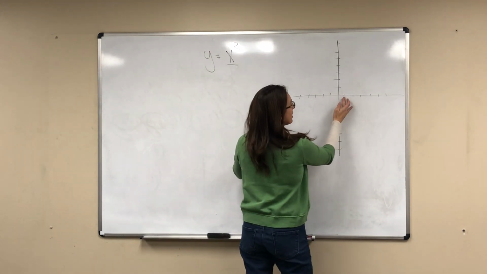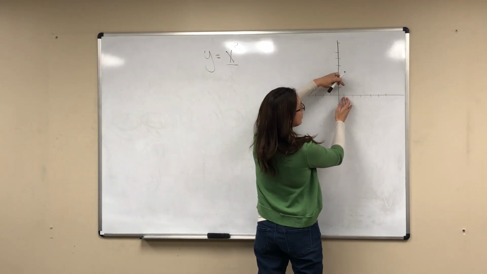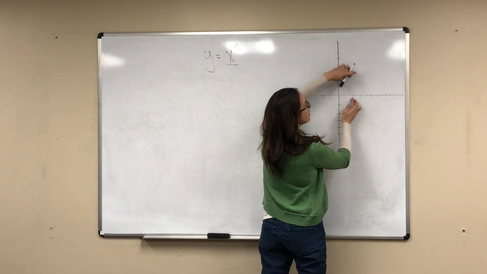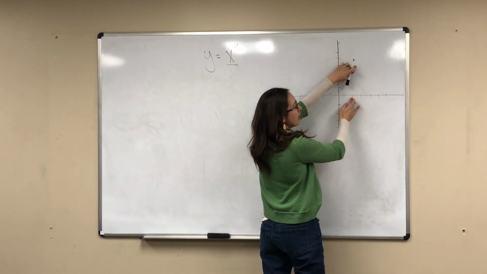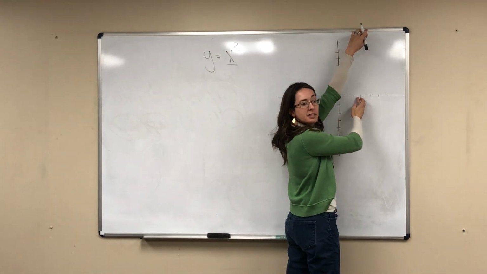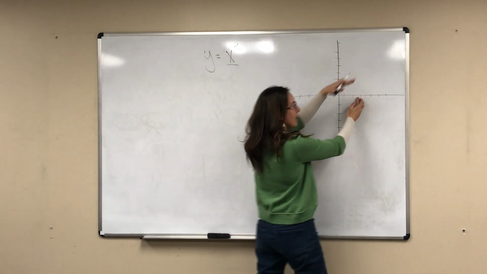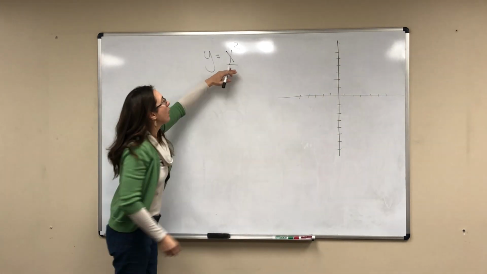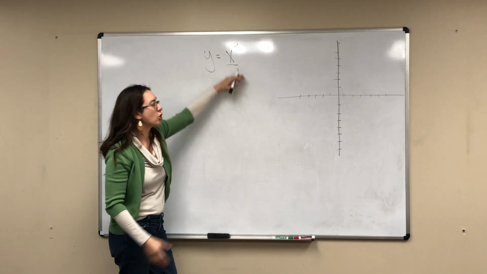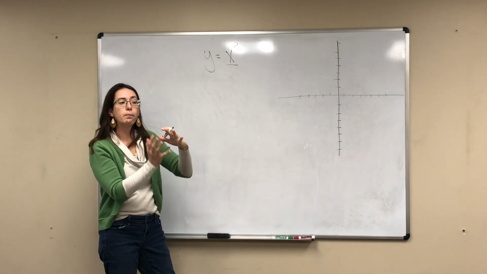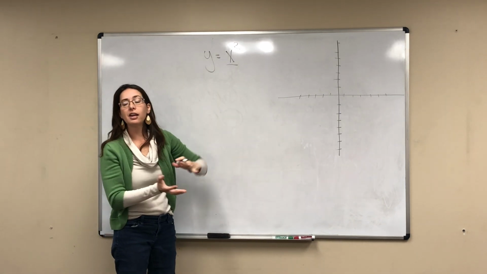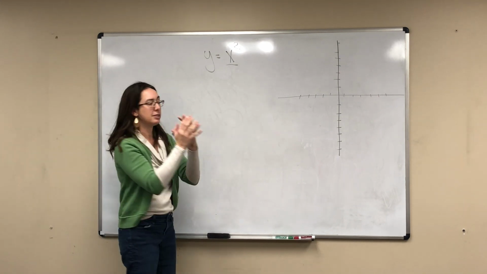So x is 1, then y would be 1. If x is 2, now y is 4. When x is 3, y is 9, right? So when we square a term, it causes movement along the graph in a curve, all right?